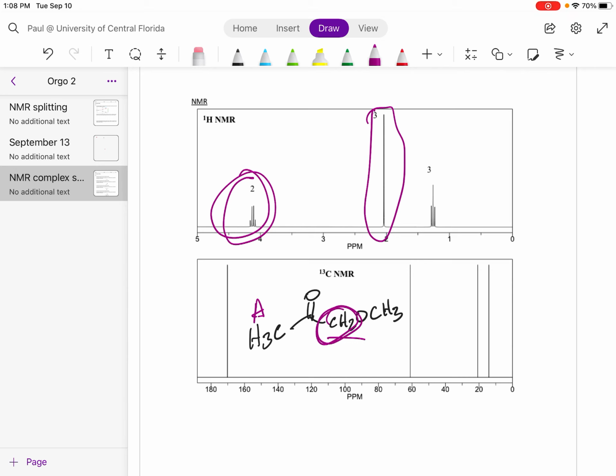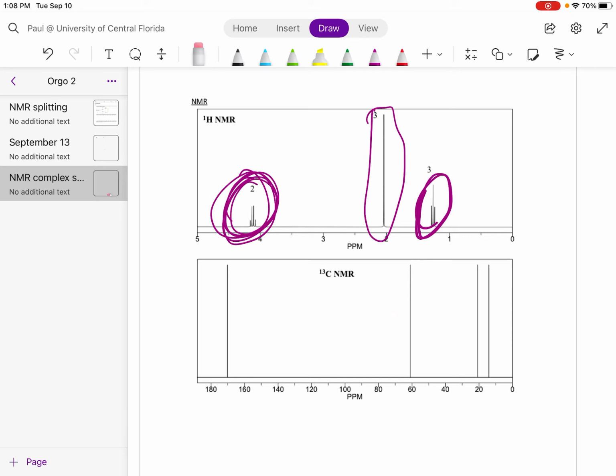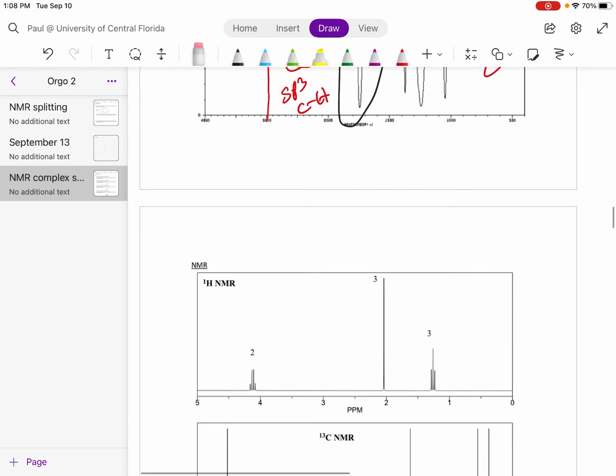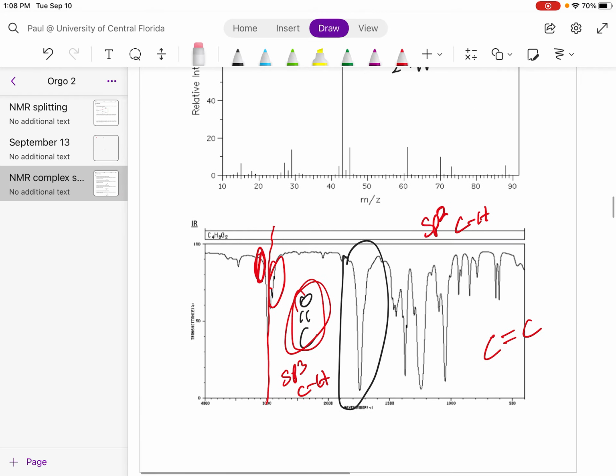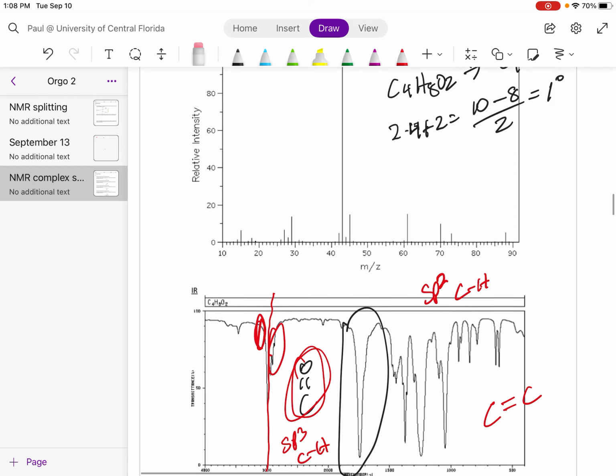That would be a singlet, and we don't see a singlet there. And then if we look at this methyl, that should be a singlet, and that's a triplet. So the connectivity of that molecule doesn't work, even though this molecule right here that I just drew does in fact match the mass spec, and it matches the IR.